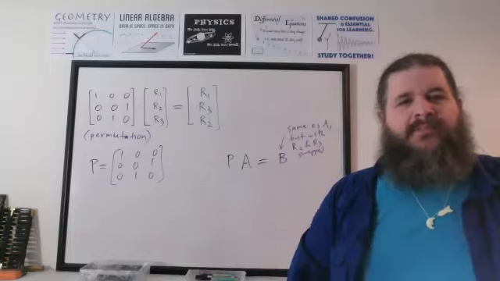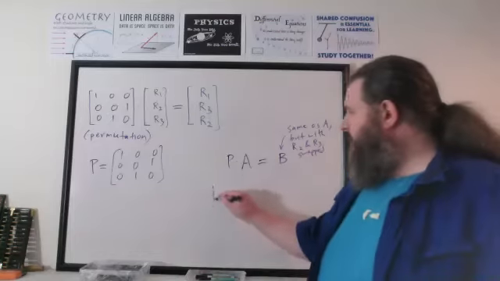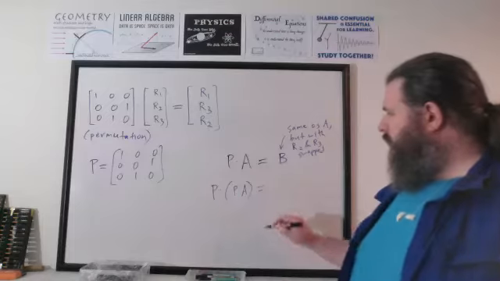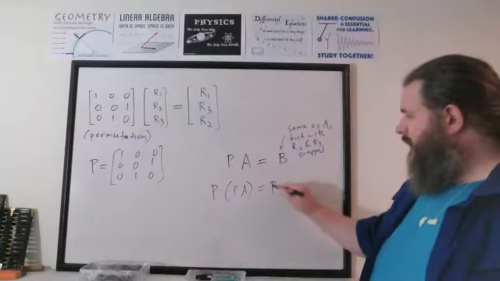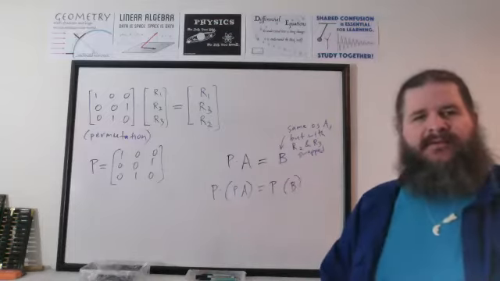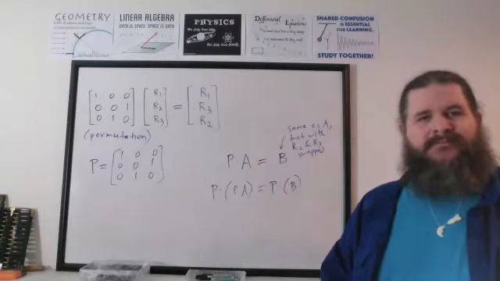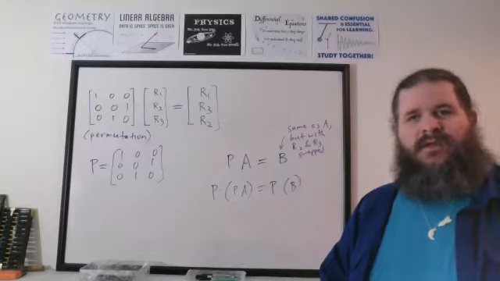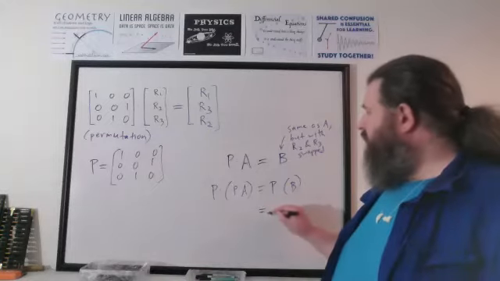What happens if we apply the permutation matrix again? In other words, if we apply permutation matrix P to matrix B, what's going to happen? You get back to the original matrix.